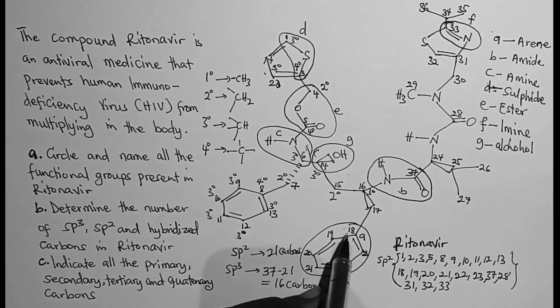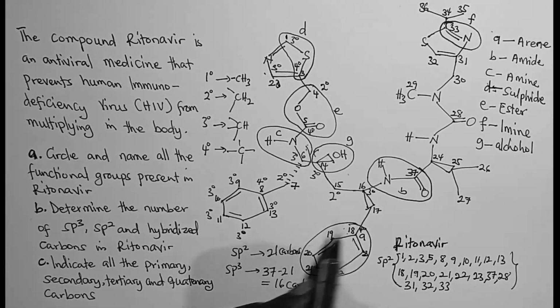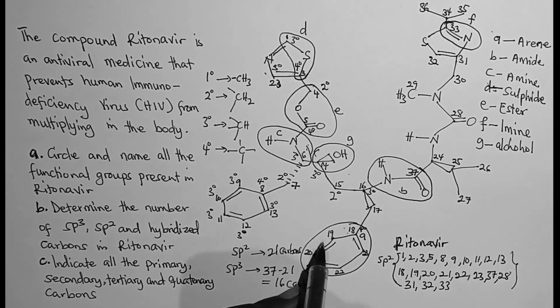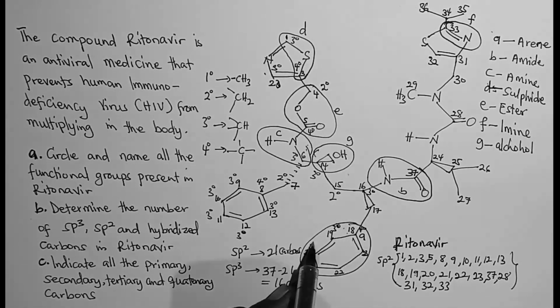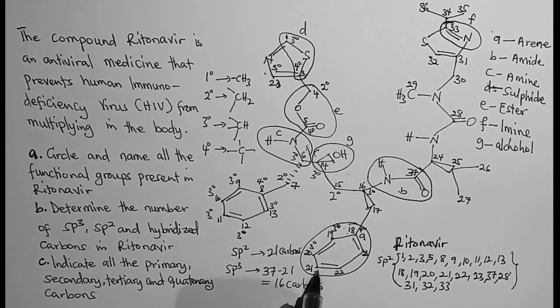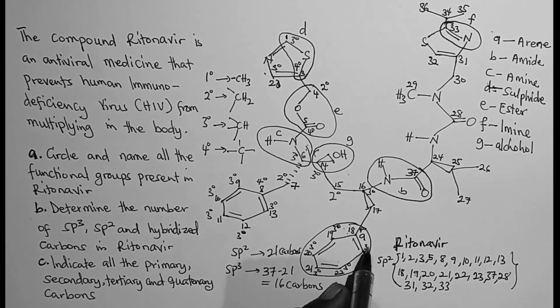Then carbon 18 has got no proton on it, so it is a quaternary carbon. Carbon 19 has one proton, so it's a tertiary carbon. This one too is a tertiary carbon. And 22 is a tertiary carbon. 23 is also a tertiary carbon.